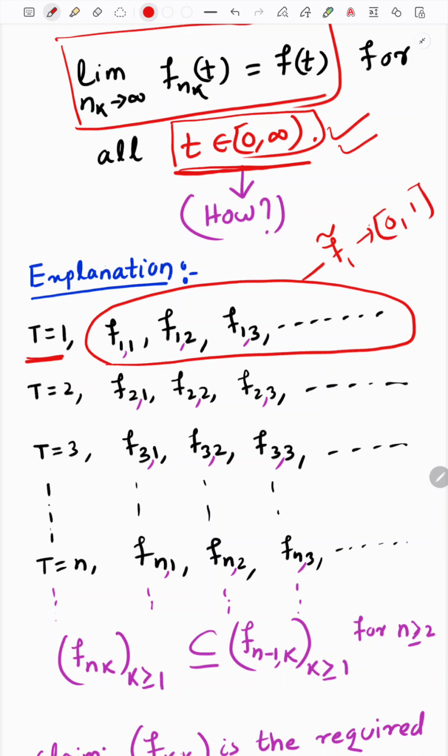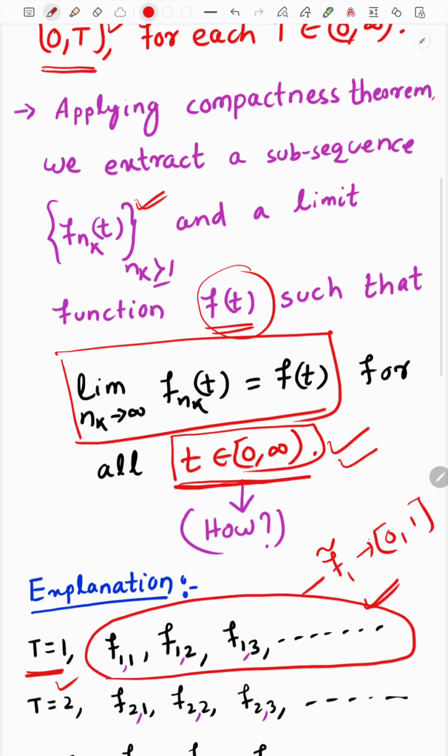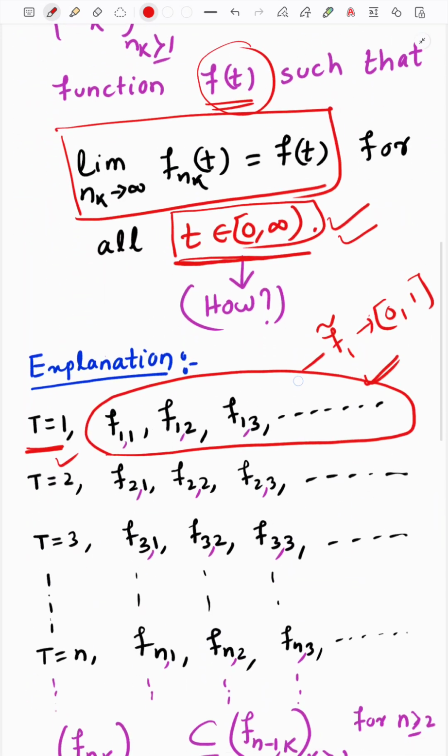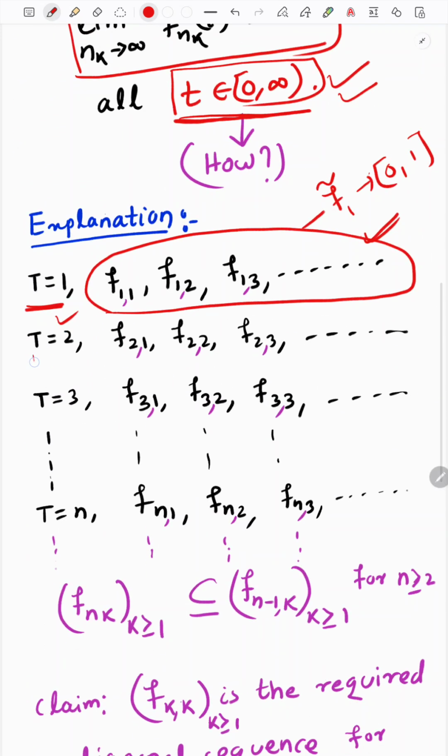Similarly when we take T equal to 2, we apply the same compactness theorem, but on the extracted subsequence, not the initial sequence f_n.